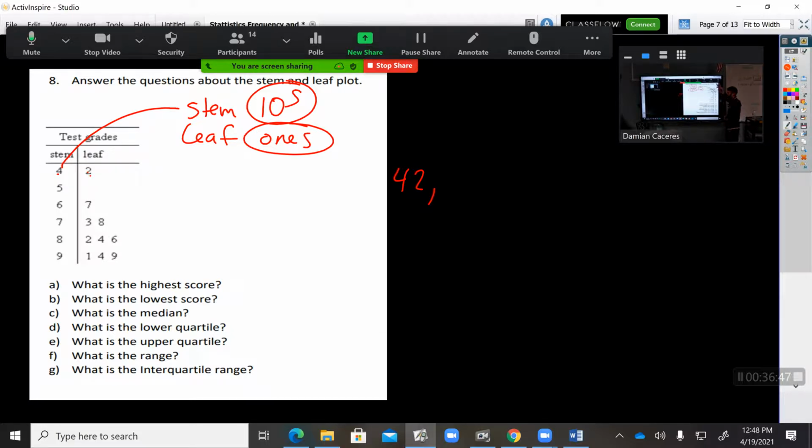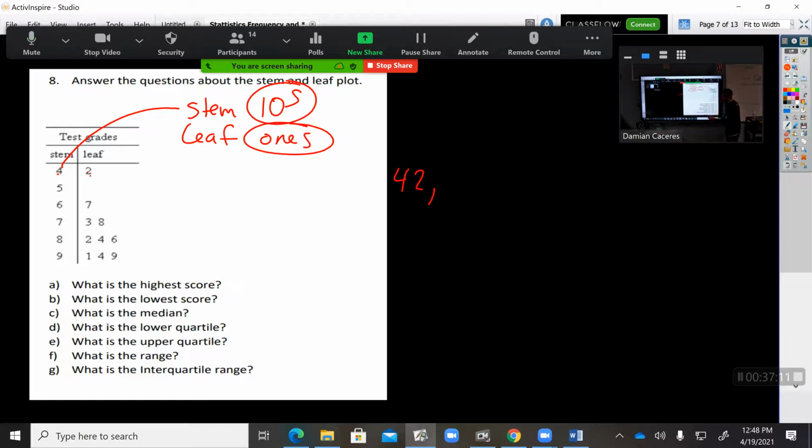What's my second number? Be careful. This is an important thing you can't forget. What's the second number? I'm glad you said that, because everyone says that.